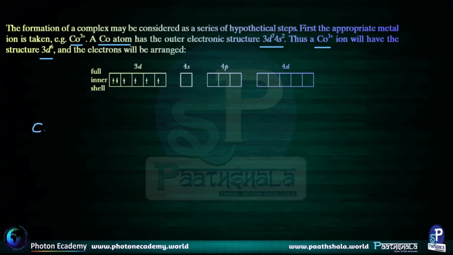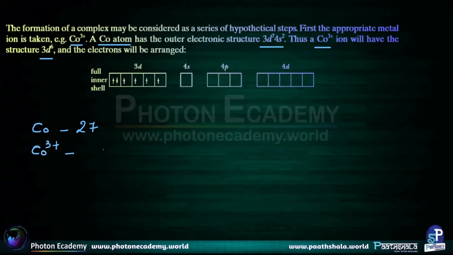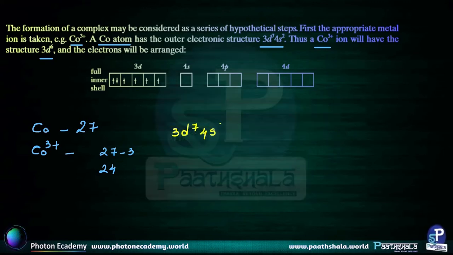The atomic number of cobalt is 27. The number of electrons present in cobalt 3 plus ion will be 27 minus 3, that is equal to 24 electrons. The outer shell configuration of cobalt atom is 3d7 4s2.